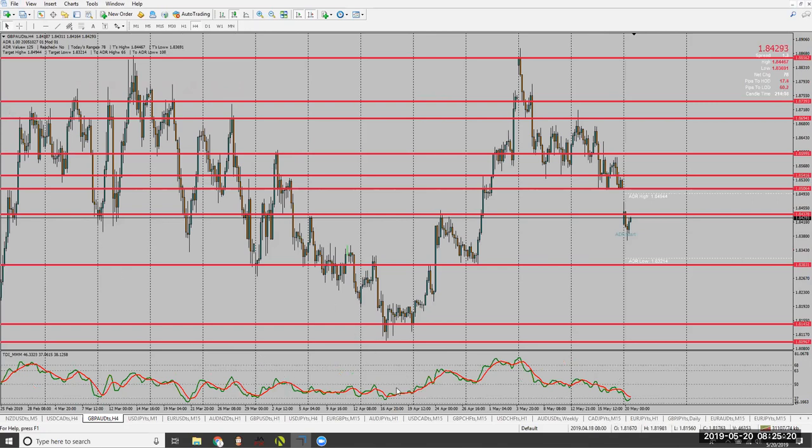Notice how the RSI and the TDI down at the bottom is showing us critical points as well that match up with the support and resistance turns, like right here. Right here. Right here. These crosses are significant.